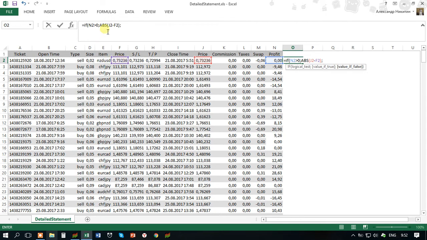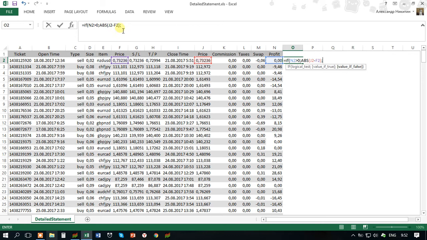So what this means: if the profit is more than 0, then calculate the amount of pips between the two prices, close price and open price, and show me the absolute number of those pips.